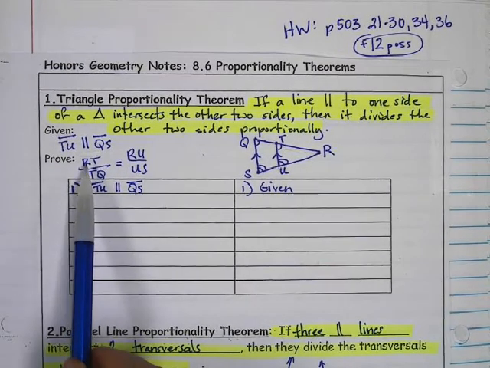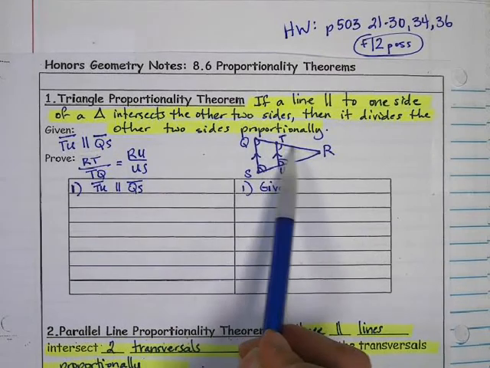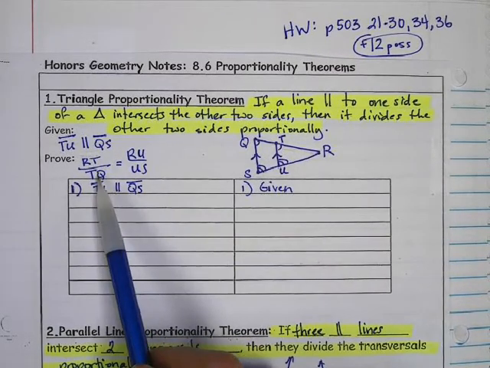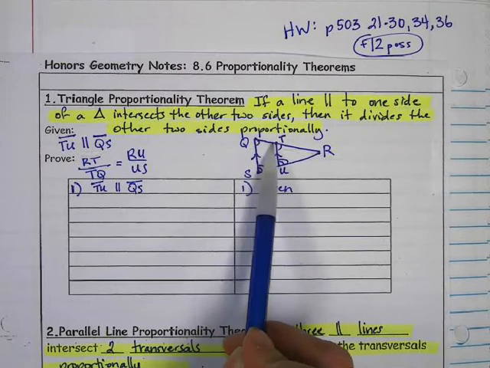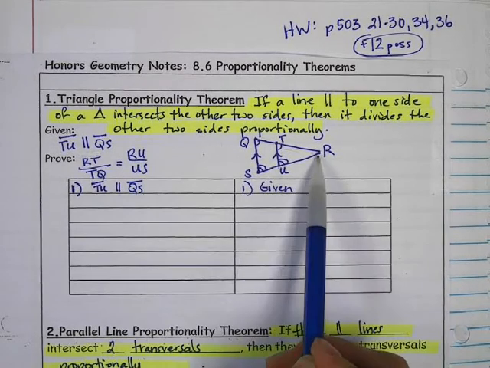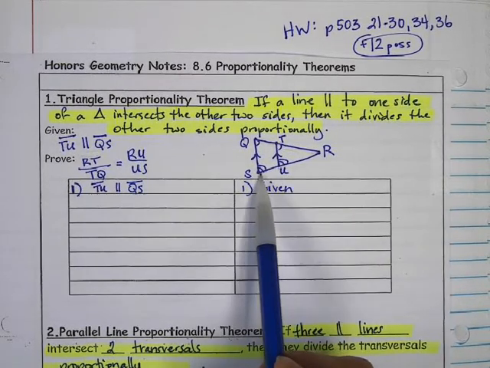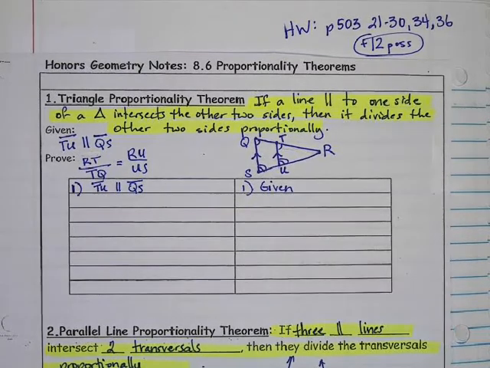So you can see here in the proof statement, RT, which is this line right here, over TQ, which is this little bitty line, is equal to RU over US. And that's just another theorem that you can use to set up proportions and solve them.